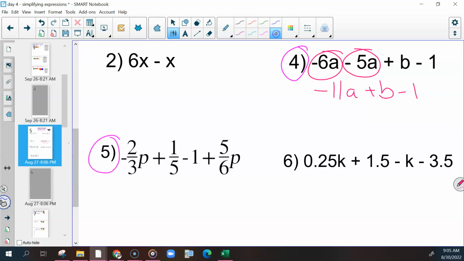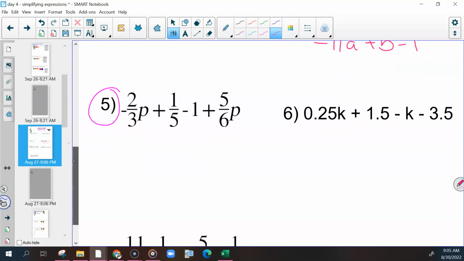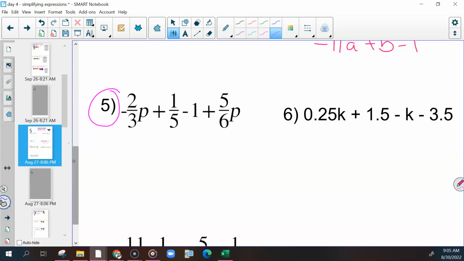Do you have any questions on 4? Now we go from something that wasn't that difficult to all these fractions. Again, this is something we couldn't really do with the algebra tiles because I don't have decimal or fraction algebra tiles to represent this. But the process is the same. Do we have like terms?